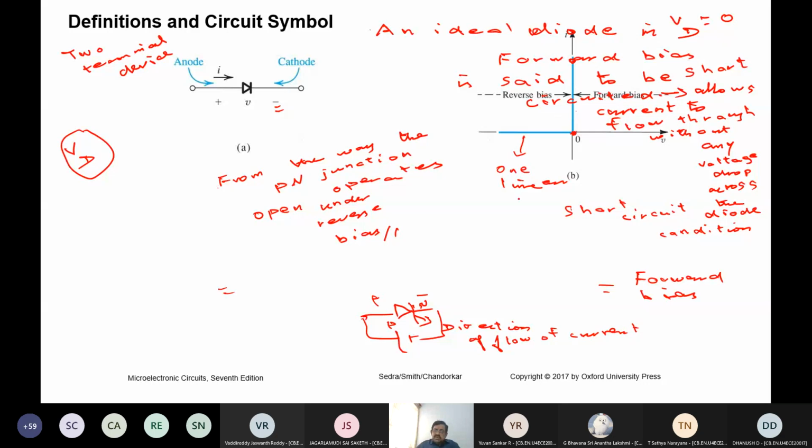So it consists of two linear segments, in which case we can say a non-linear curve. Please note down a non-linear curve. This is not simple linear, it's still a non-linear curve because there is a step here.